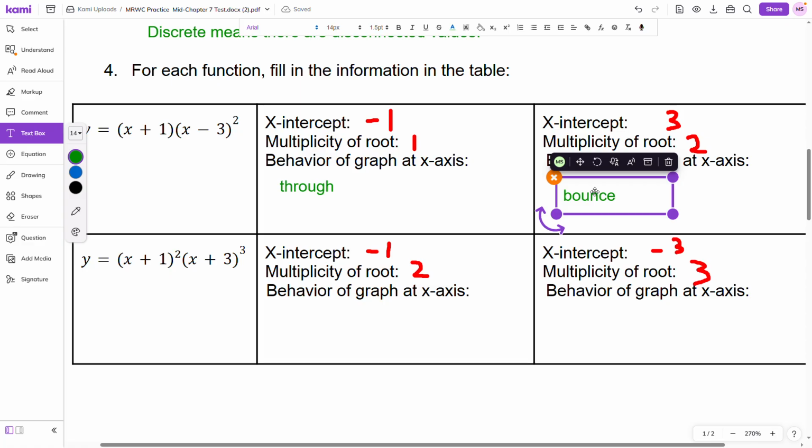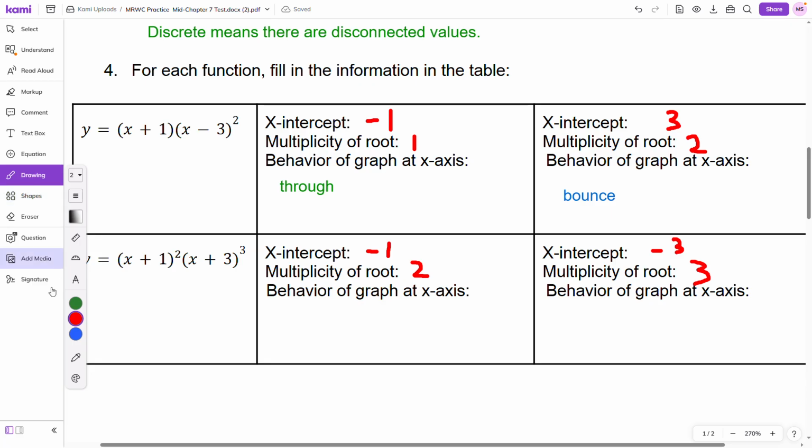Here though, multiplicity of root 2, that's a bounce. And this is an odd positive polynomial. So in other words, the graph of this function, if I can give you a little rough sketch, is like this is the x-axis here, and the y-axis is here. At -1, it goes through, and it comes down at 3, and it bounces and it goes up.